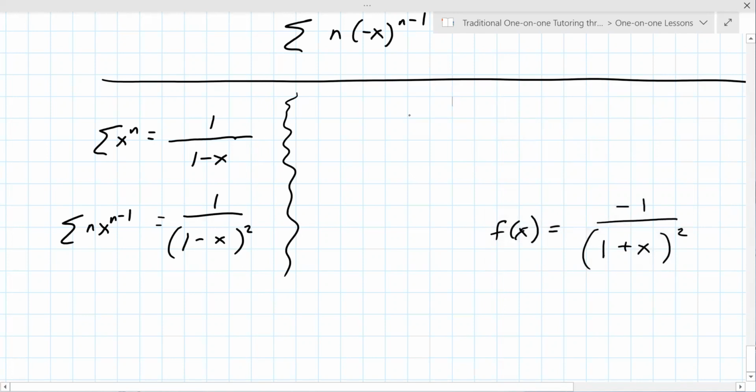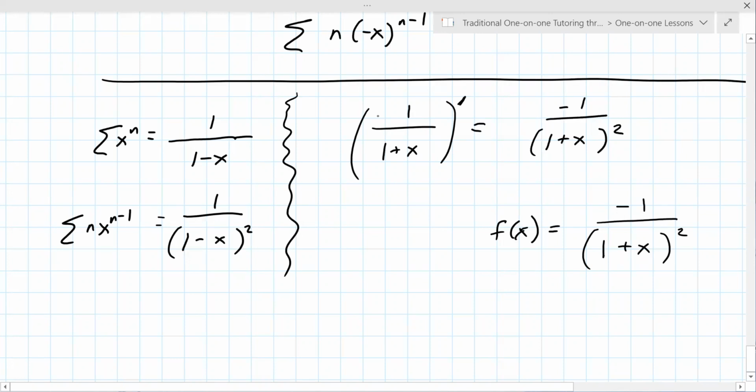So you would go back to 1 over 1 plus x, and you would take a derivative of this. You would see that your derivative is -1 over 1 plus x squared, and you realize, oh, the derivative of this gets me to this.